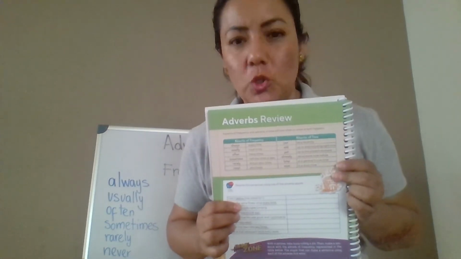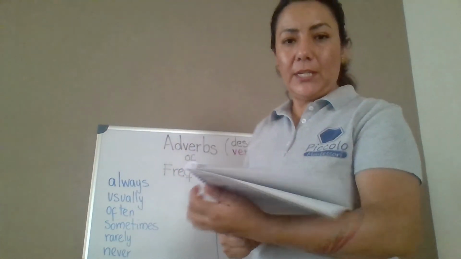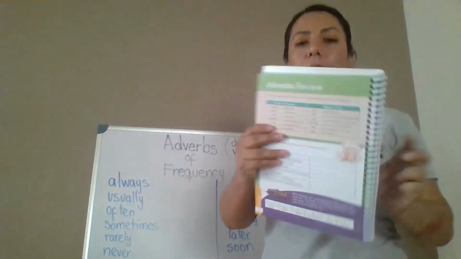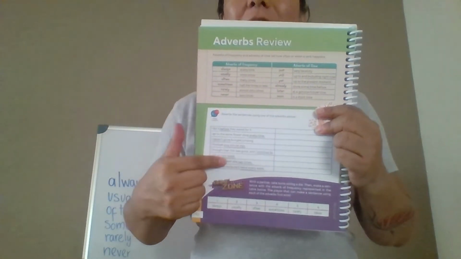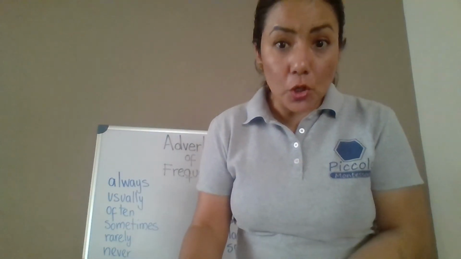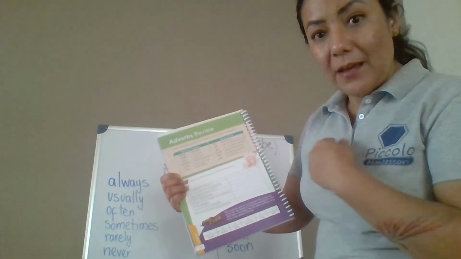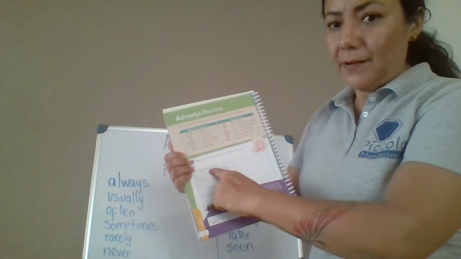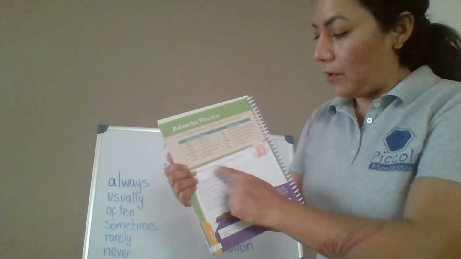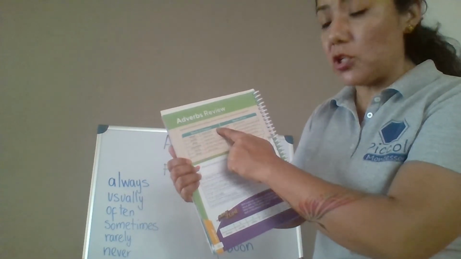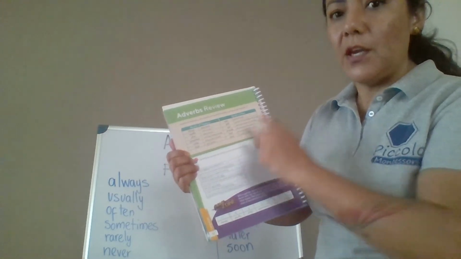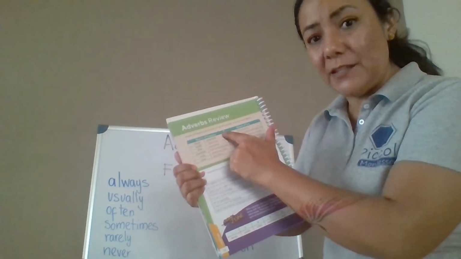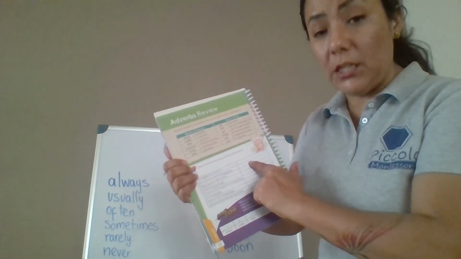Because this is so simple, I need you to please answer the activity on the page. Now, I'm going to show you my book page because what I did to help you is underline keywords so that when you check the descriptions of each of the adverbs, you can easily identify the one that corresponds here.